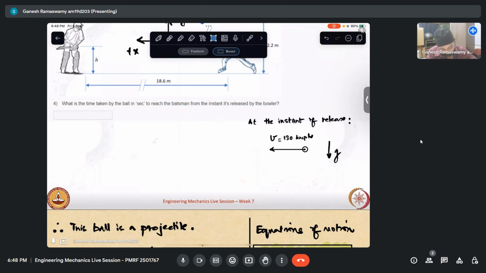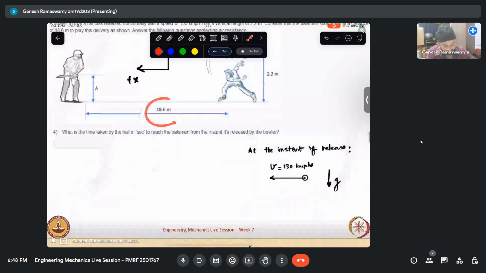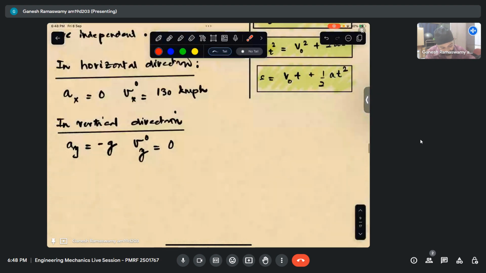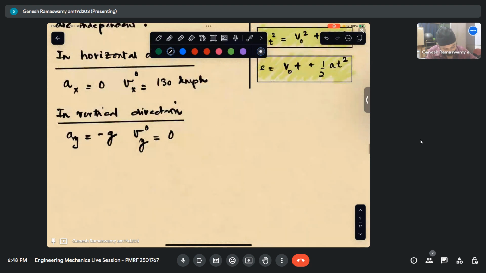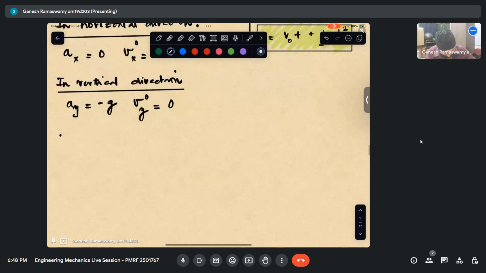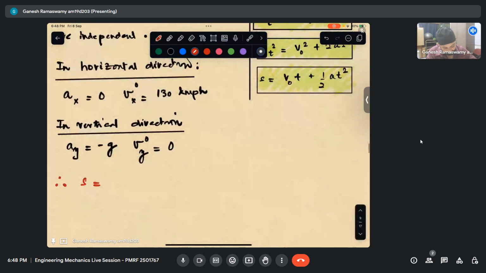So the question is asking, what is the time taken by the ball in seconds to reach the batsman from the instant it is released? So we know that the batsman stands at a distance of 18.6 meters in the horizontal direction. Therefore, I'll just copy paste this equation.